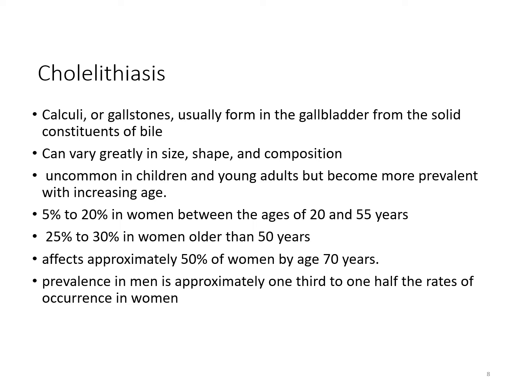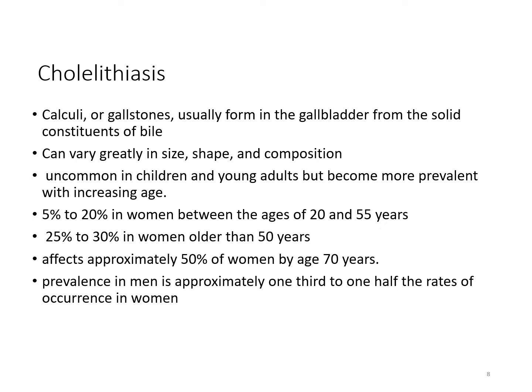All right, so we're talking about the stones now. Get familiar with words like cholelithiasis. Just get used to that. They can vary greatly in size, shape, and composition. We've been told that they are very uncommon in children and young adults, but they do become prevalent with age.